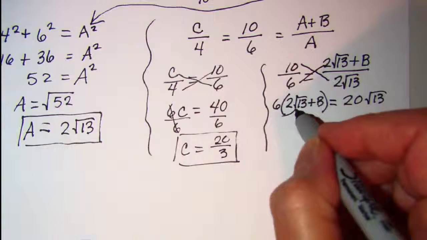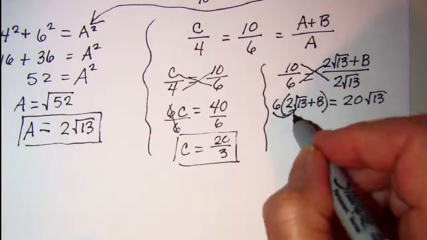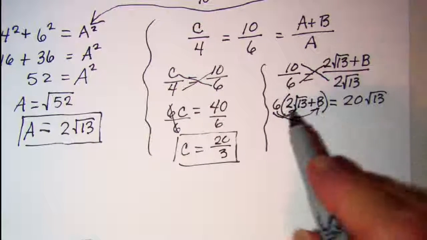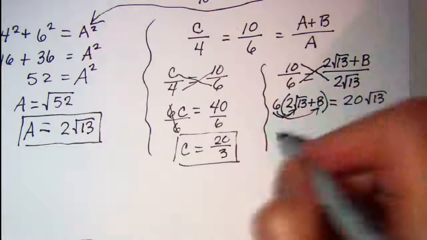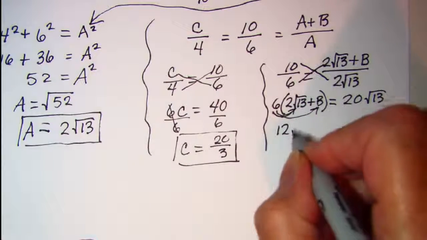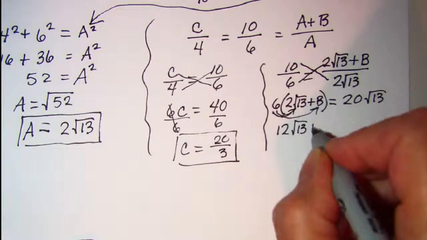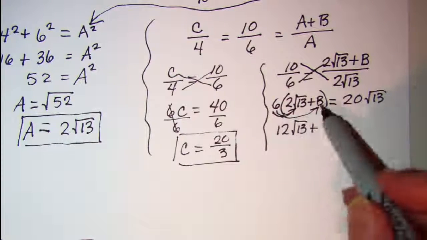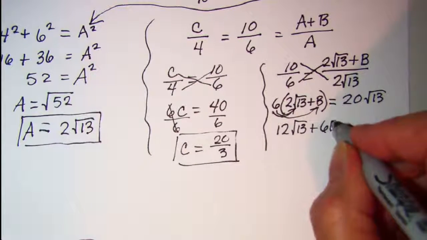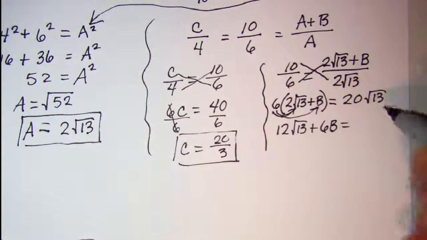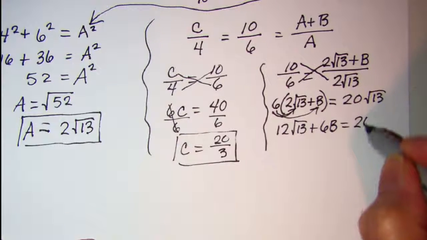Now if I distribute here, 6 times 2 root 13 is 12 root 13. 6 times B, and I'll copy this right side.